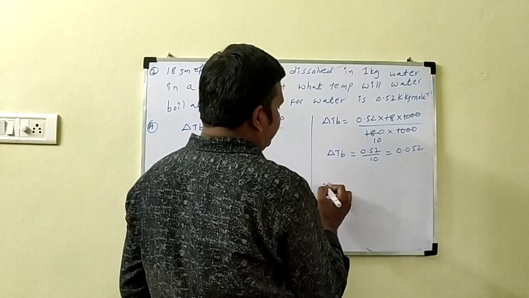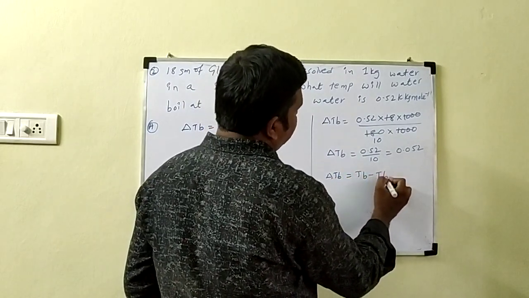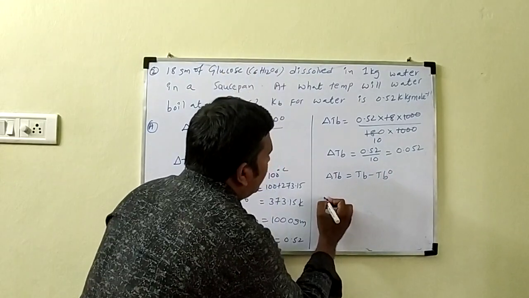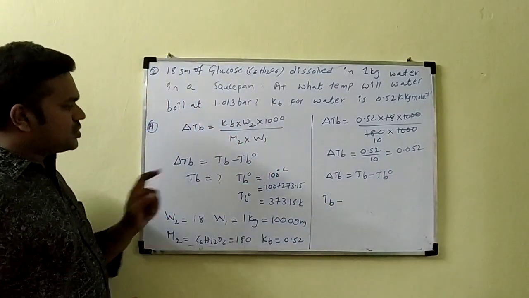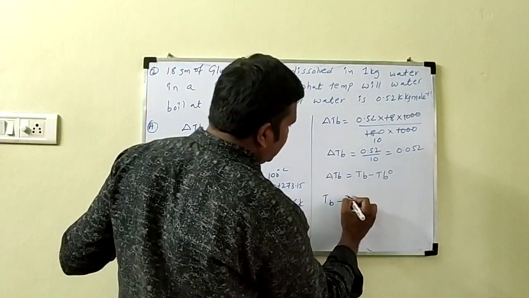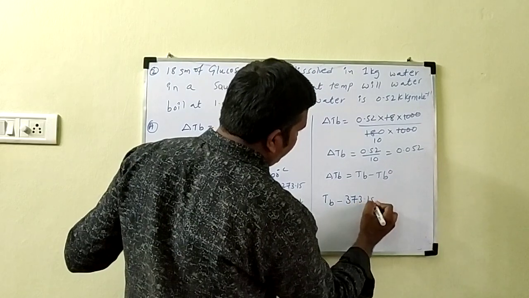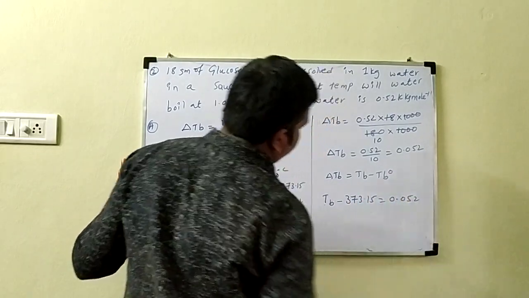But what is delta TB? Delta TB is equal to TB minus TB naught only. I already told you we want to find out TB only. So TB minus the TB naught value we have, 373.15, is equal to 0.052.